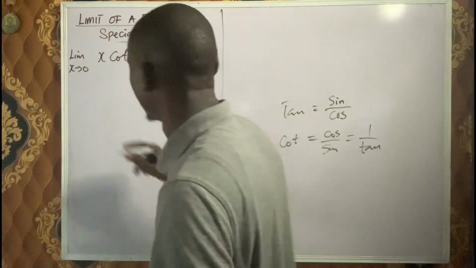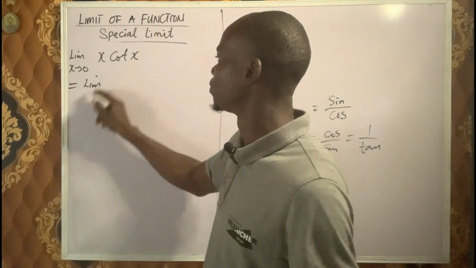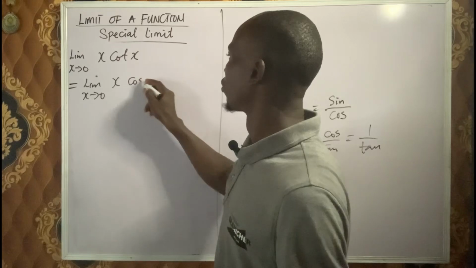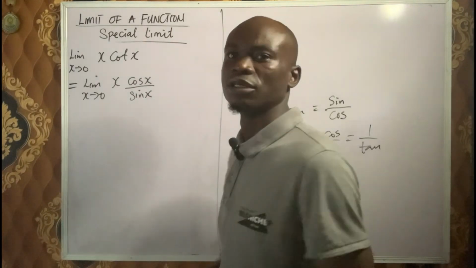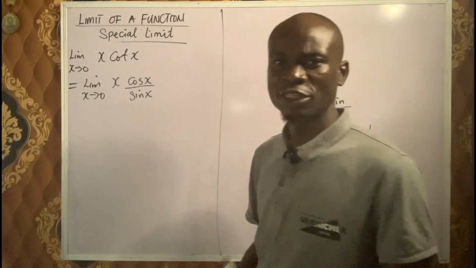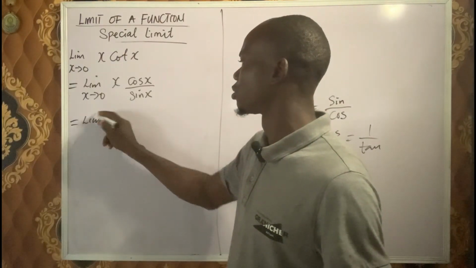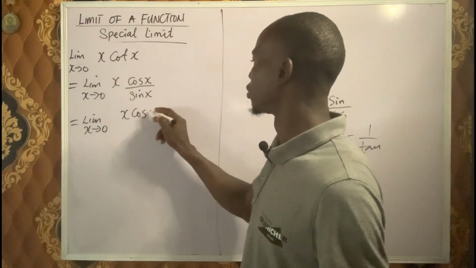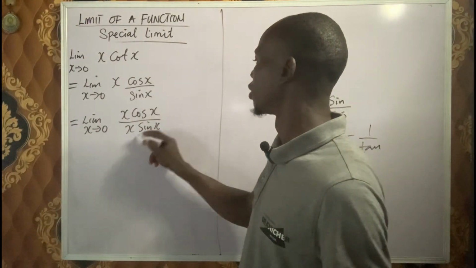So if I do that, I'm going to have limits as x tends to 0, x cos x over sine x. Now sine is involved. I need to make that sine a special limit. So this becomes limits as x tends to 0, x cos x over x sine x over x.